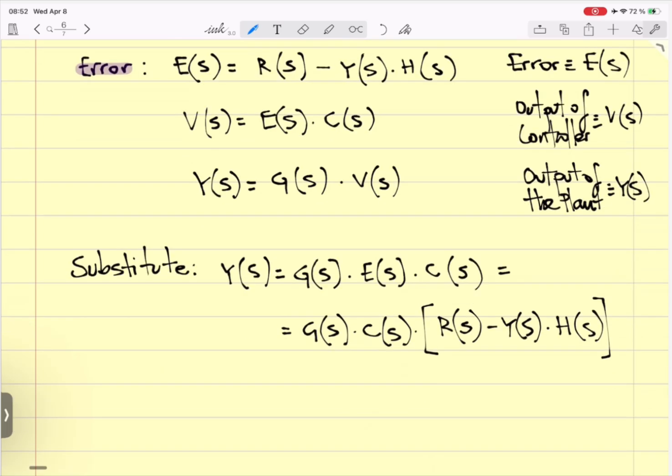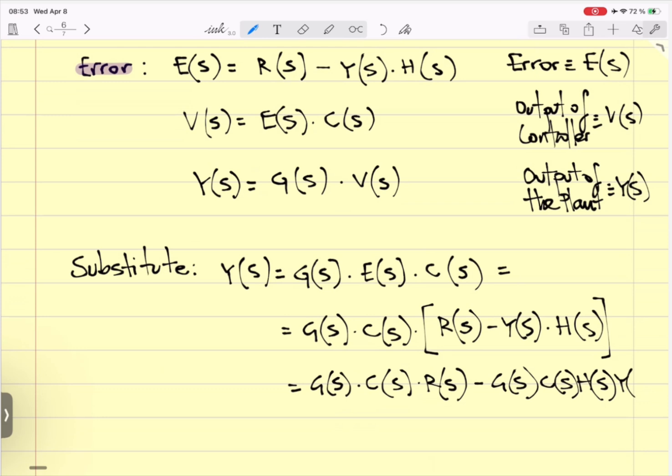So this is again G of S times C of S times R of S minus G of S times C of S times H of S times Y of S.